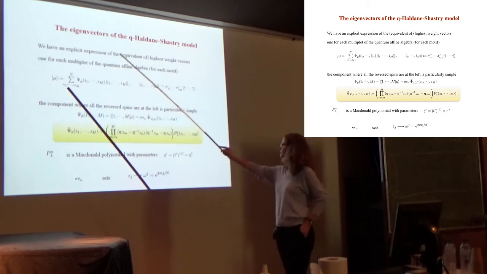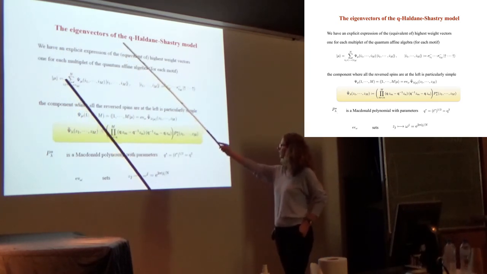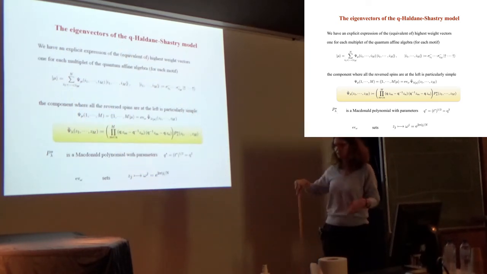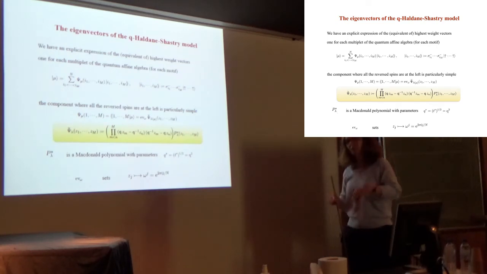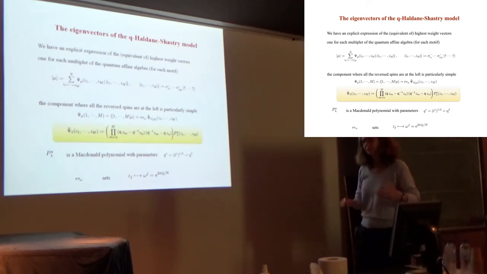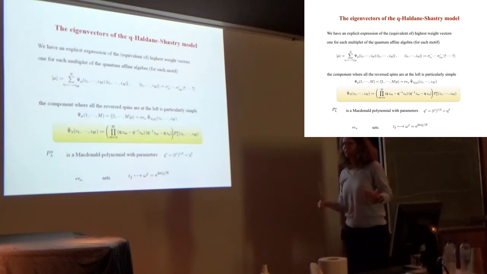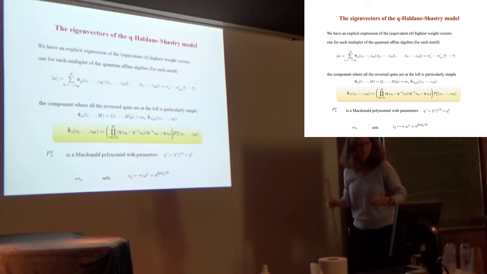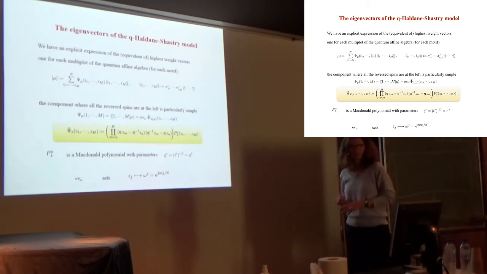So in principle, the descendants will be obtained by acting on these eigenvectors, either with spin lowering operators or with the generators of the affine algebra. There are two types of lowering operators in the affine algebra.